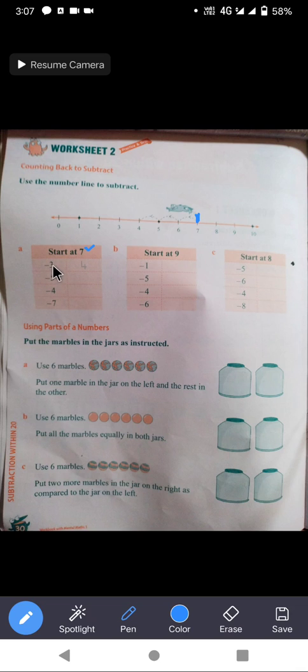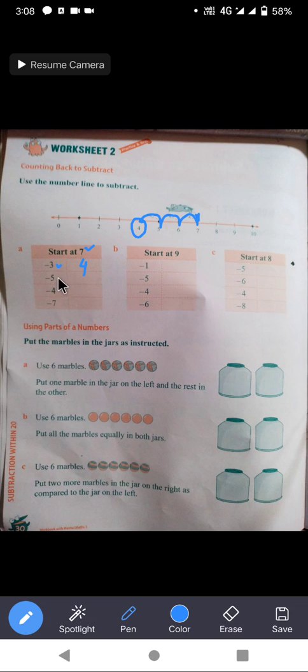Minus 3 is there, so we have to subtract 3 from 7. To subtract, I told you that we move backward. So 3 times we will move backward from 7. 1 2 3. So after moving 3 steps backward we will reach 4. So 7 minus 3 is equal to 4. This is already written here.